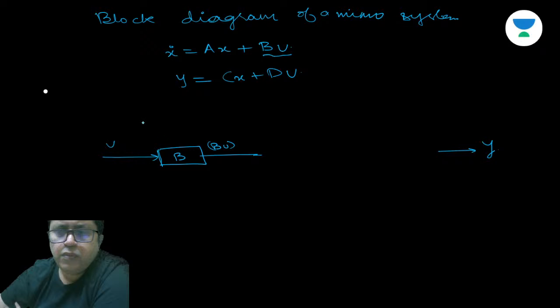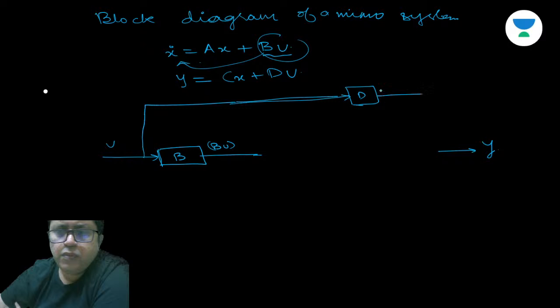If I multiply D with u, I will get something associated with the output.